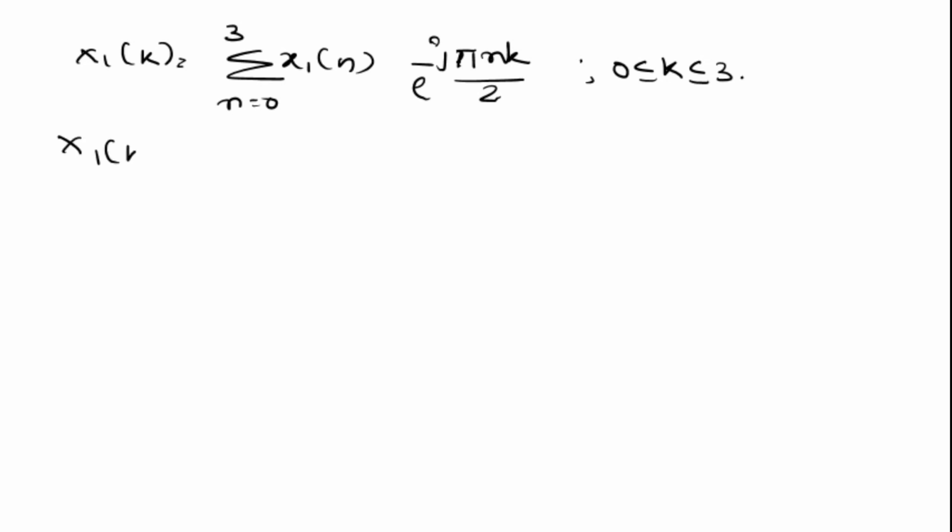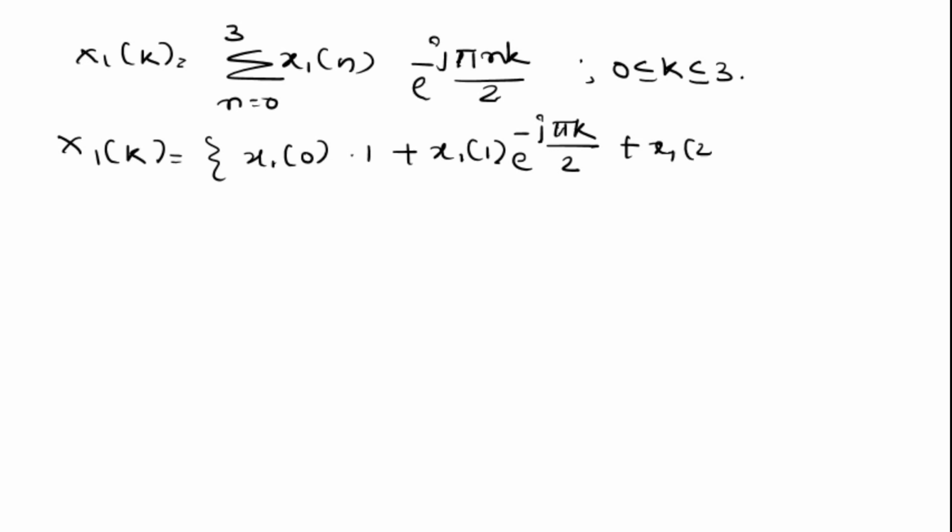By expanding, we get x1 of k is equal to x1 of 0 into 1 plus x1 of 1 into e power minus j pi k by 2 plus x1 of 2 into e power minus j pi k plus x1 of 3 into e power minus j 3 pi k by 2.